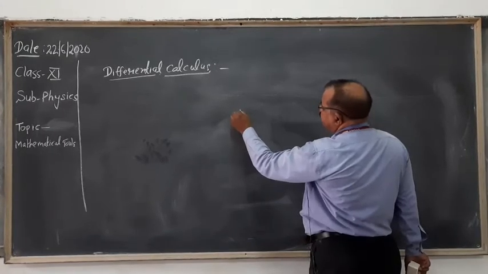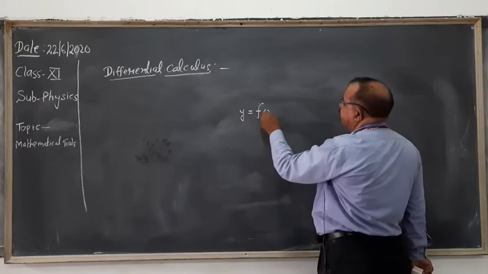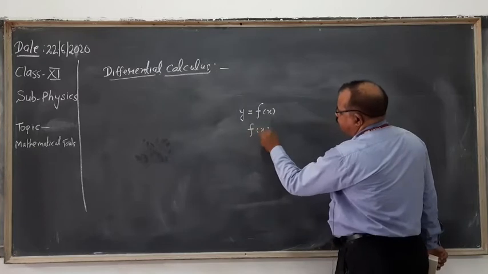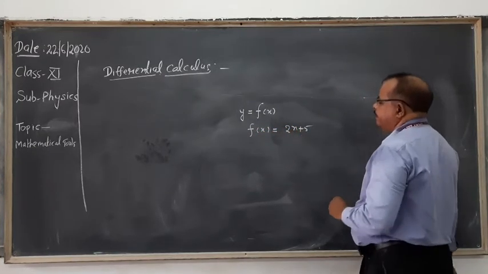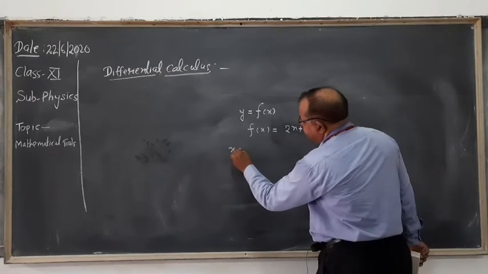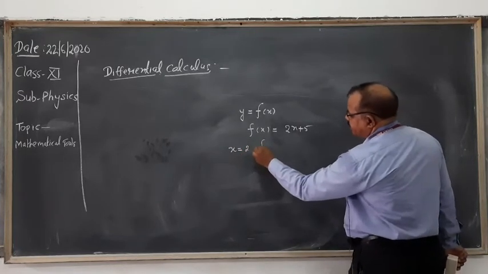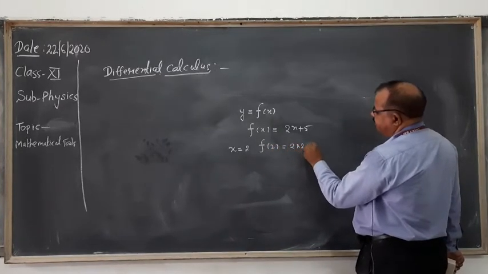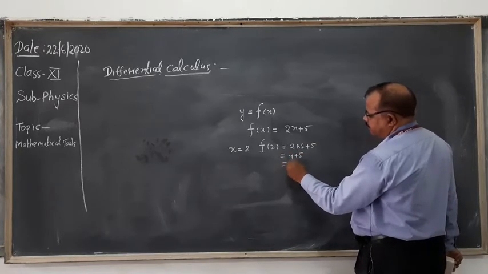Children, suppose y equals f(x) is a real valued function, and the function is f(x) equals 2x plus 5. If we find the value of this function at the point x equals 2, then f(2) equals 2 into 2 plus 5, that is 4 plus 5, this is 9.